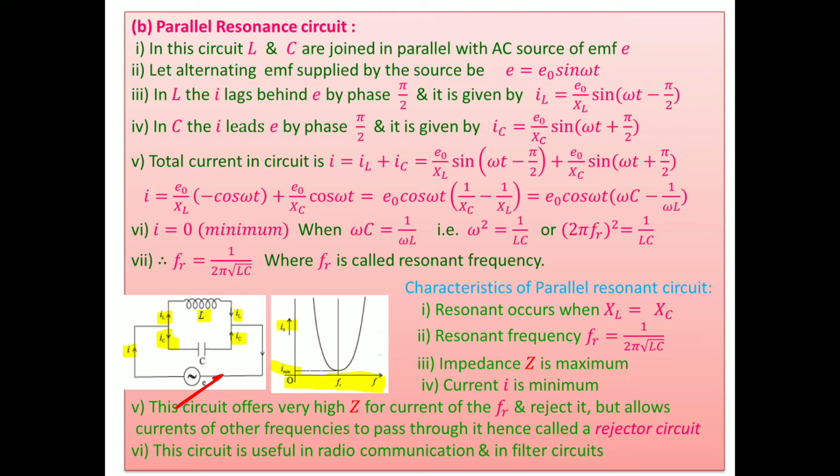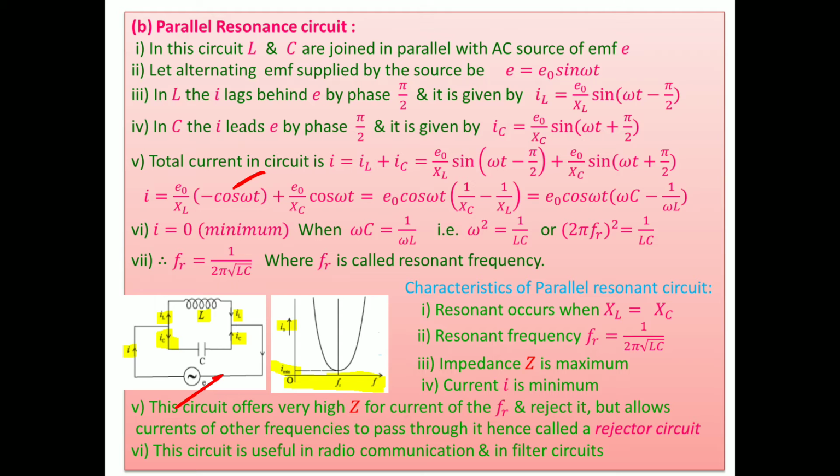Similarly, sin pi by 2 plus theta is cos theta, so directly here take E naught upon XC cos omega t. Thereafter, E naught cos omega t is common, times 1 upon XC minus 1 upon XL. And that is E naught cos omega t times omega C minus 1 upon omega L.